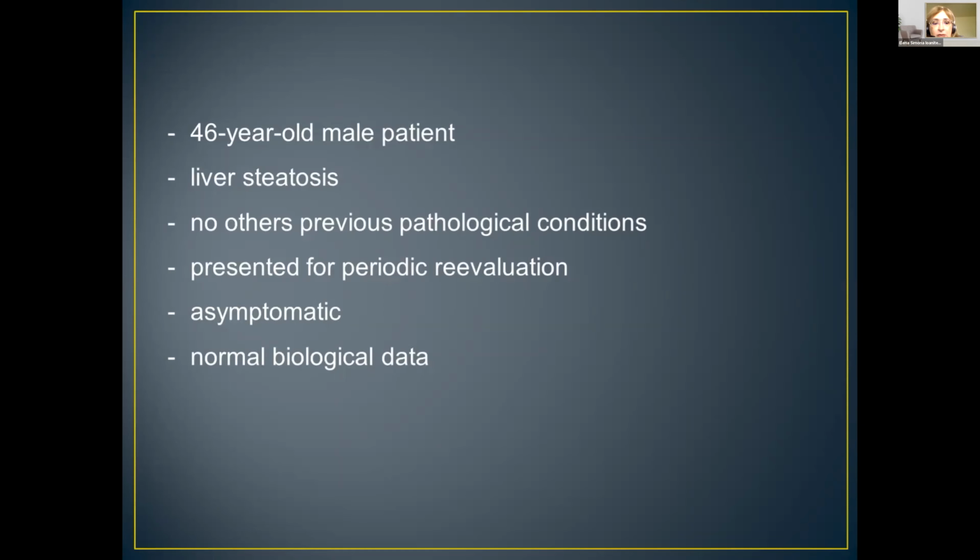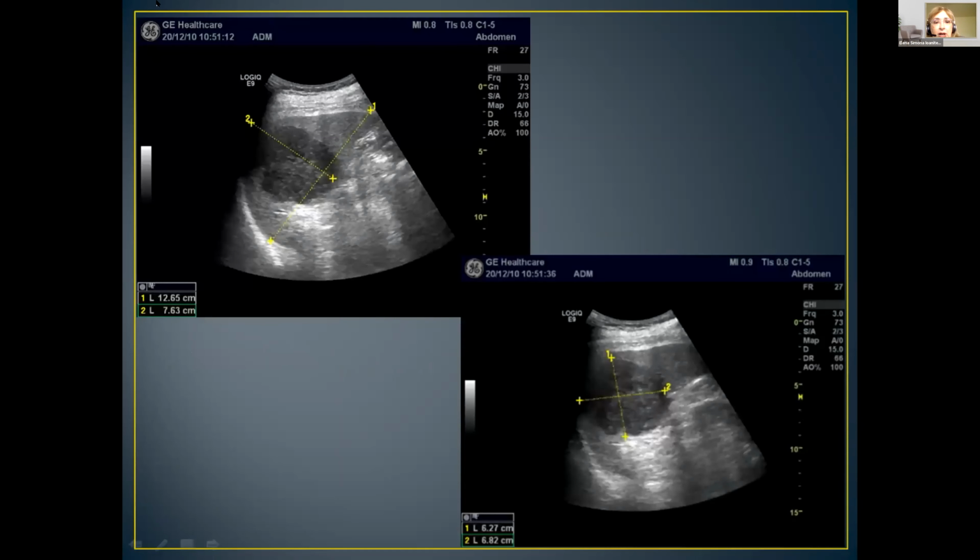He was asymptomatic with normal biological data. On B-mode ultrasound, you can see a mildly enlarged spleen with a focal unique lesion, hypoechoic, well delineated but with irregular contour.